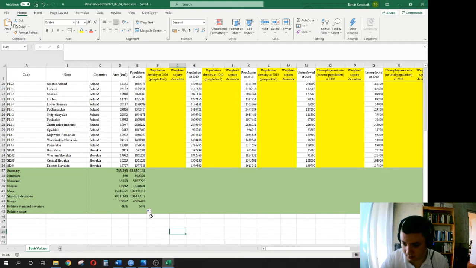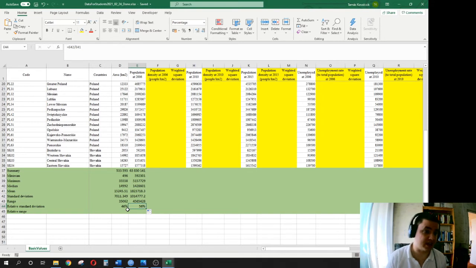So we have two values in the same category, in percentage form, and we can answer the question which has a higher spatial difference.